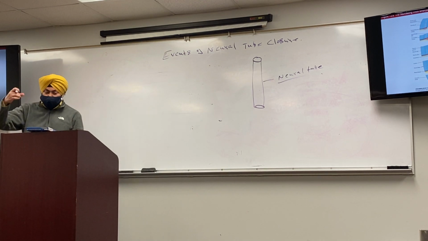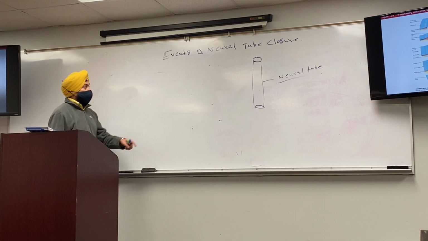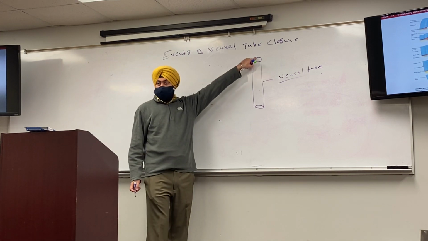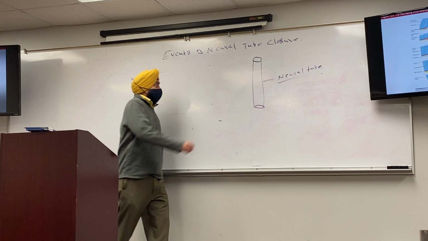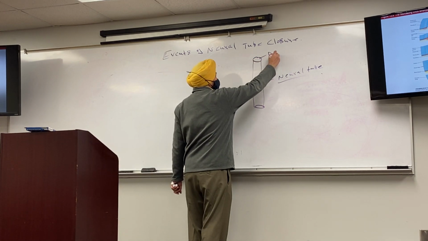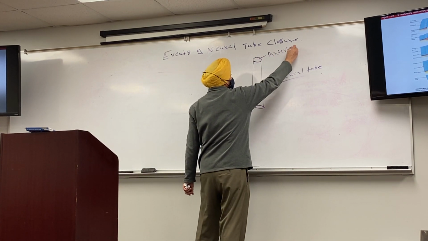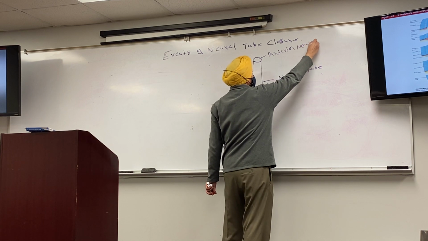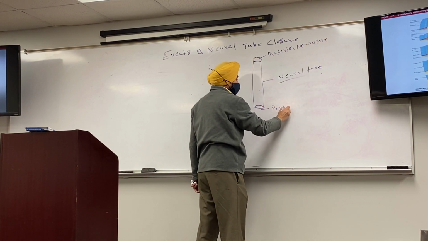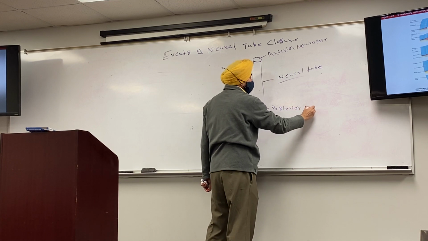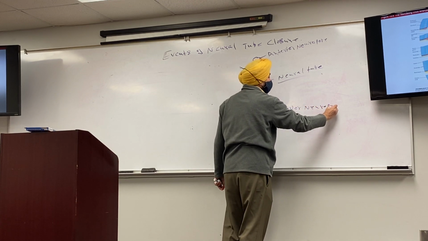Now, this tube naturally will have two pores, two holes, right? One hole here on the tube is called the anterior neuropore, and the posterior neuropore.